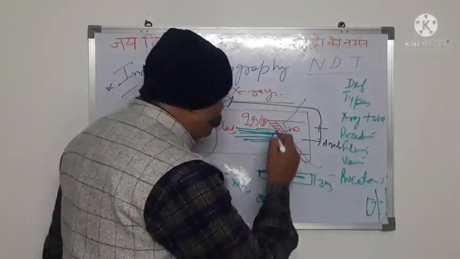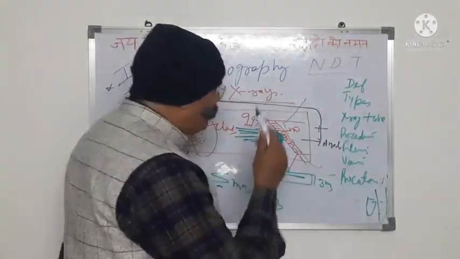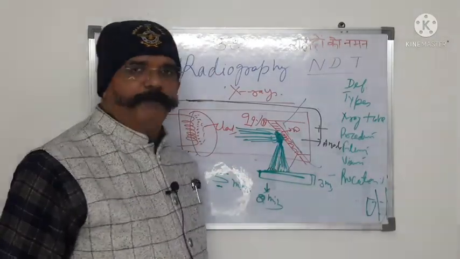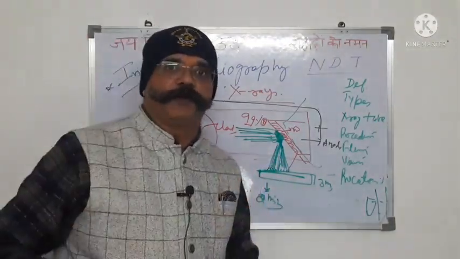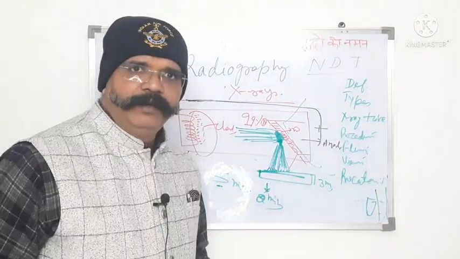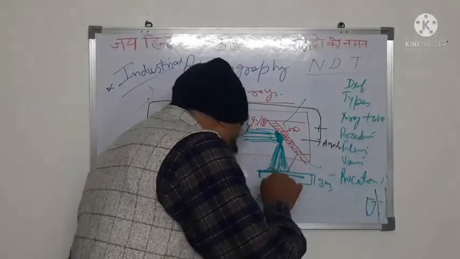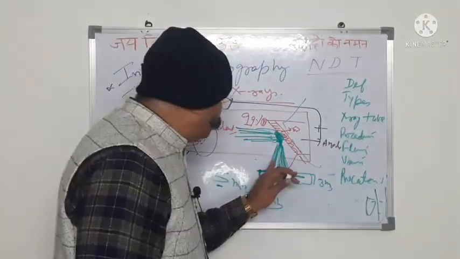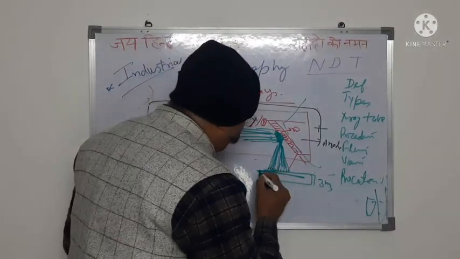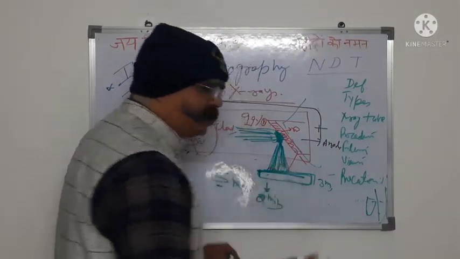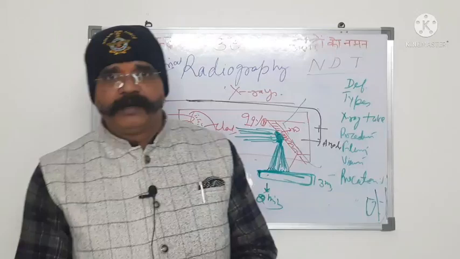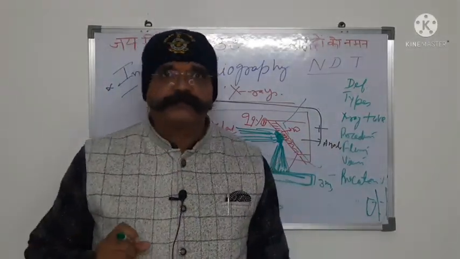If you allow these X-rays to fall upon this 3 mm thickness object for 5 minutes or 10 minutes or 15 minutes, what will happen? Sufficient X-ray energy will be transferred to the X-ray film that it will be completely darkened.